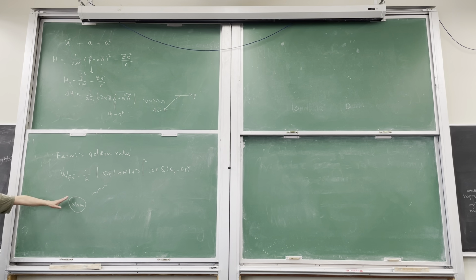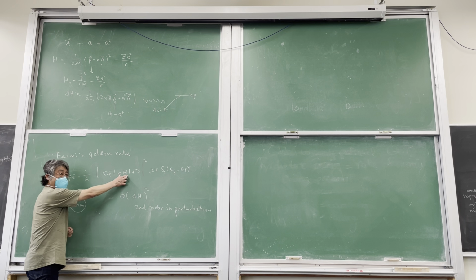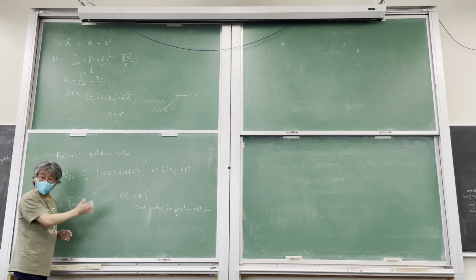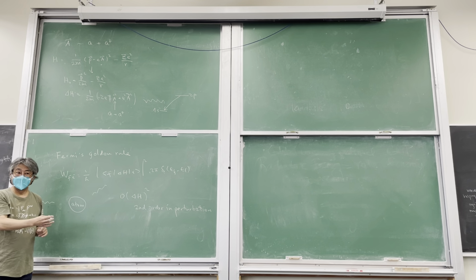So we at least need a formalism where you generalize the previous golden rule, not at the first power in delta H, but also at the second power in delta H.